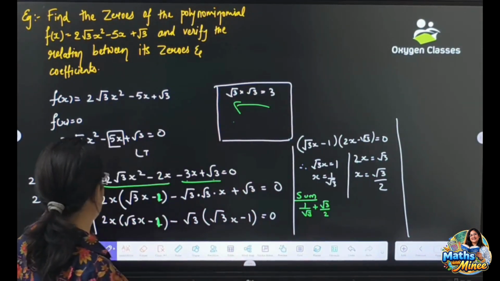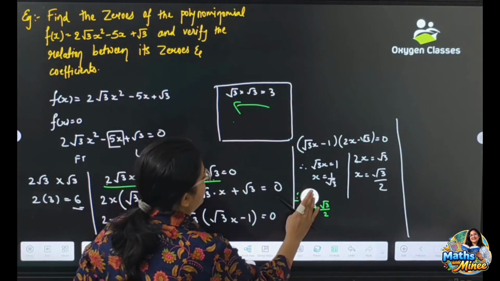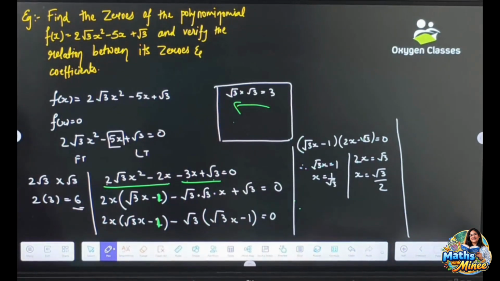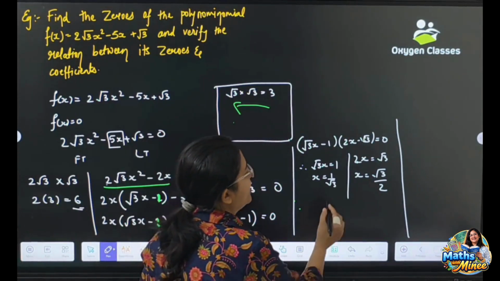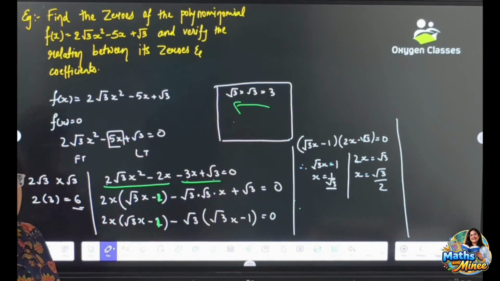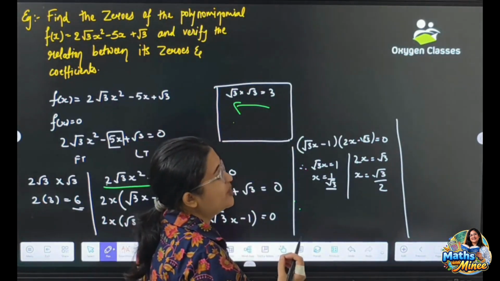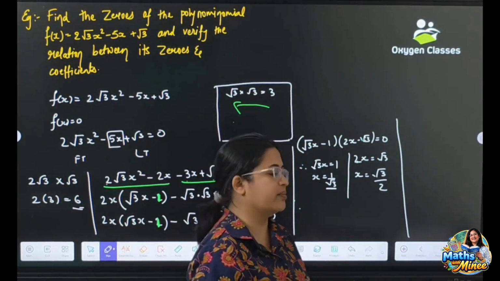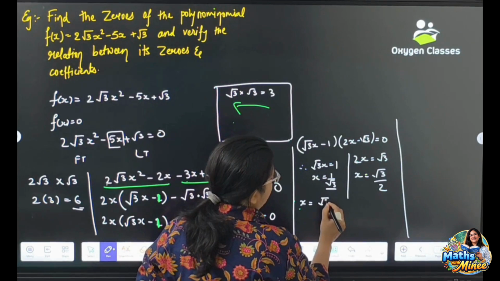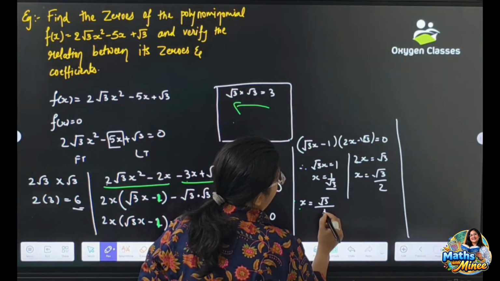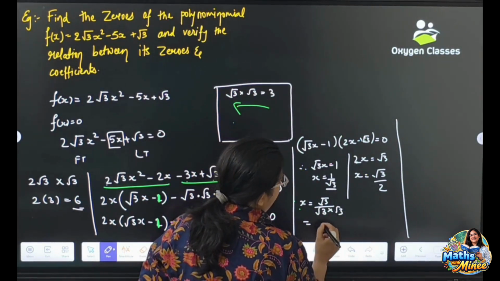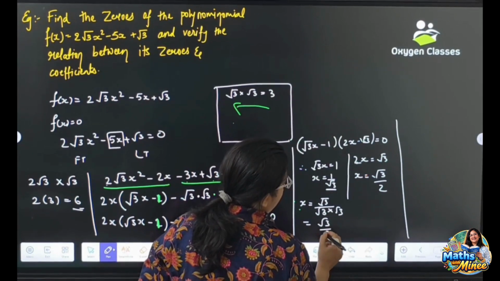Now one more thing. See, आप लोग को पता है कि when you are writing 1 upon root 3, हमें कभी भी irrational number denominator में नहीं चाहिए, right? तो जब हमें denominator में नहीं चाहिए, it means that we need to rationalize that number. तो अगर मैं इसको rationalize करती हूँ तो can I write like this, root 3 upon 3, right? या फिर आप लिख सकते हो root 3 into root 3, that will be root 3 by 3.